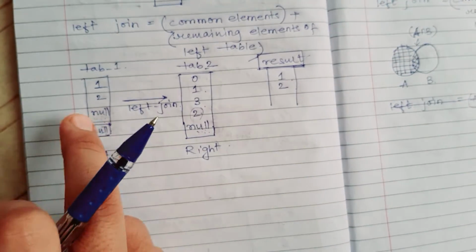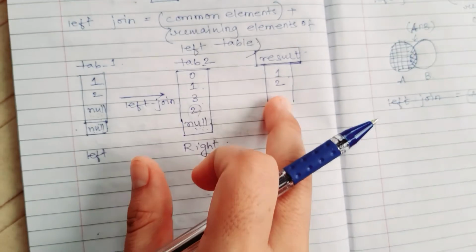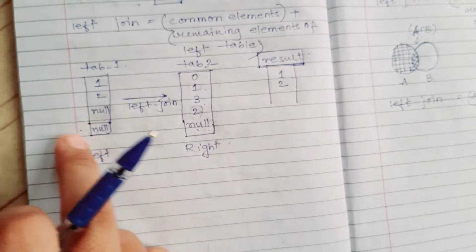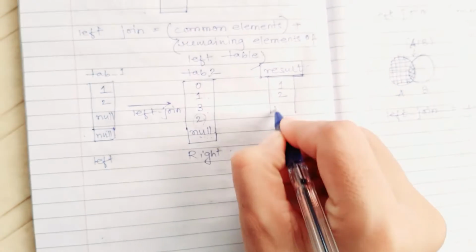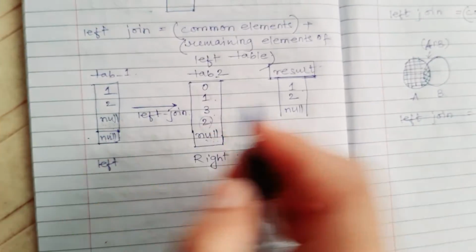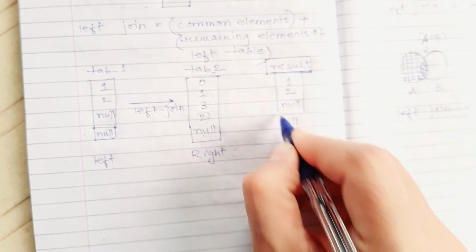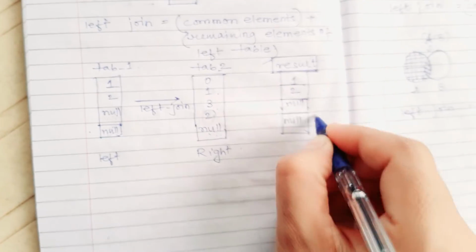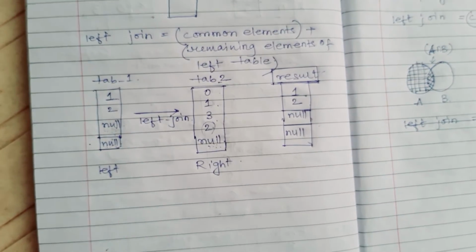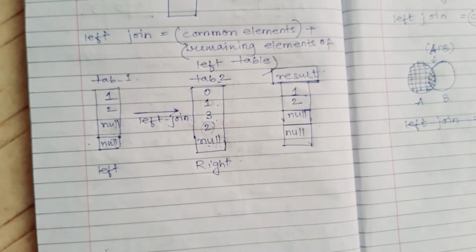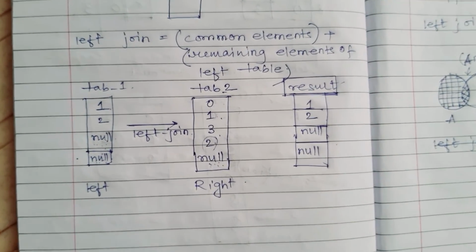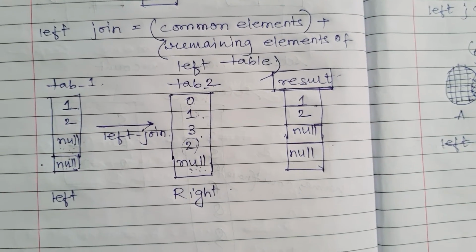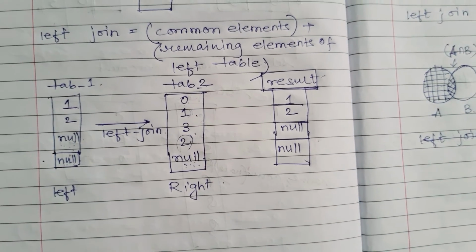If they are matching, they will be present first, and then non-matching elements should be present. So first this null is coming, and then the next null is coming here. So this is the final result set of the left join. This you will have to understand. See, very clearly you understand.